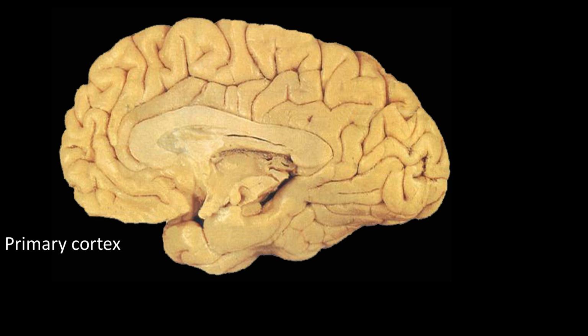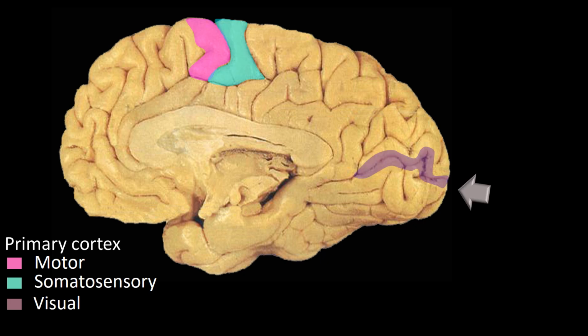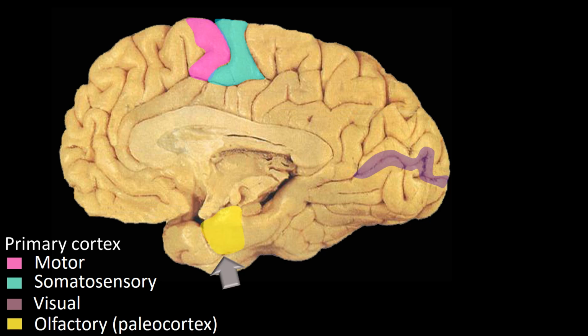In the mesial inferior surface, we find the primary motor cortex, the primary somatosensory cortex, the primary visual cortex, and the primary olfactory cortex, which is the only primary cortex that is not part of the neocortex, but it is part of the paleocortex. In the mesial inferior surface, we also find unimodal association cortices.